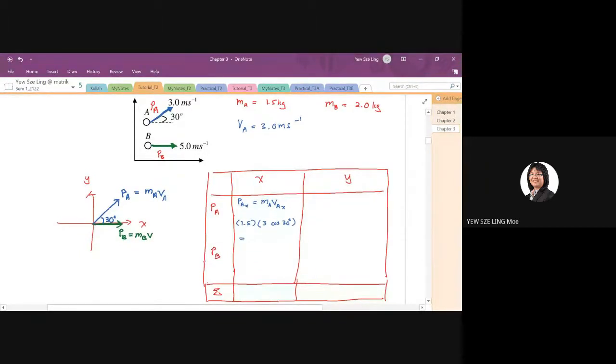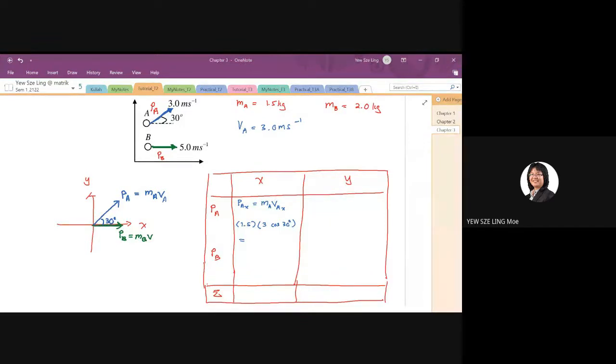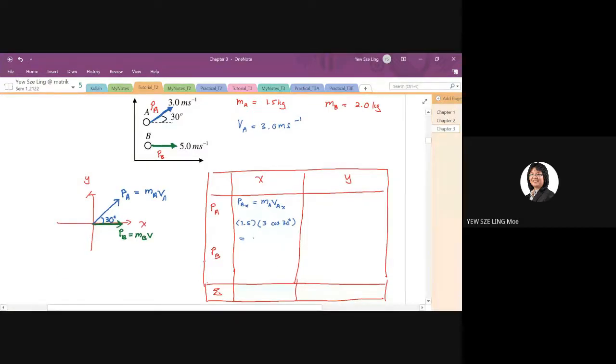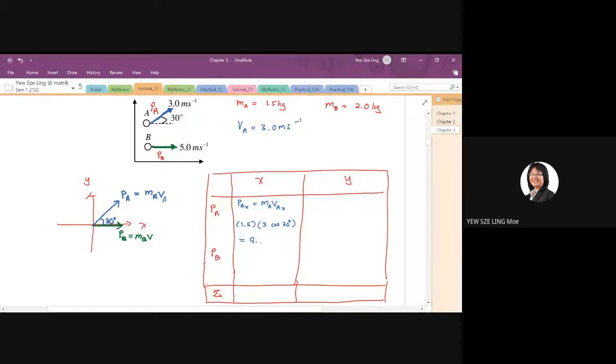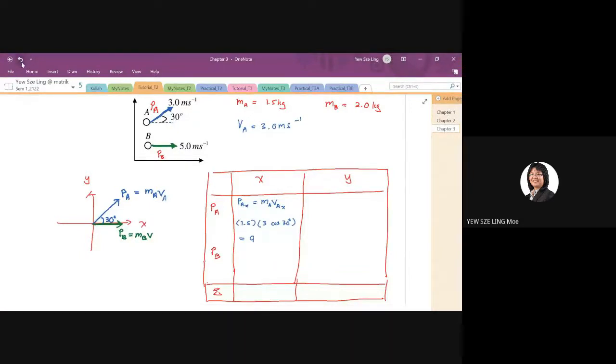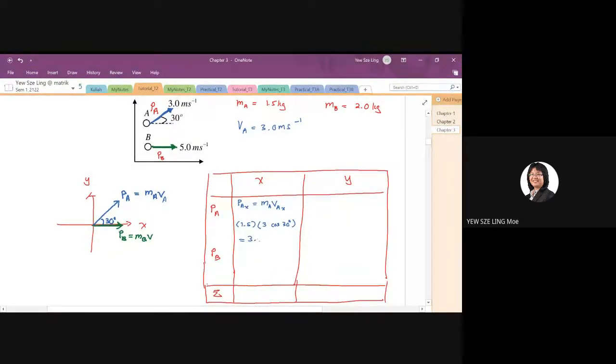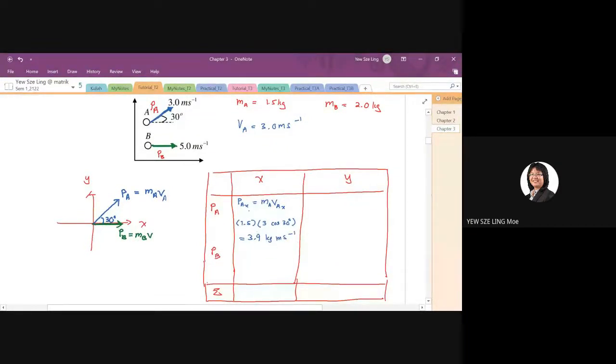From here, you can get the value for PAX: 1.5 times 3 cos 30 degrees. You see what the answer is. If I'm not mistaken, the answer should be 3.9 kg m s^-1. That is your PAX.